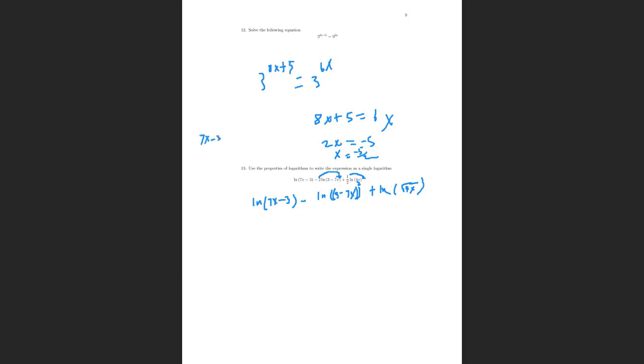So 7x minus 3, if you just factor out a negative, it will give us 3 minus 7x, and we also just have a negative on the front. So that might be a little helpful with this. So now let's just do the division part real quick. So this is also just minus 3 minus 7x. So you're going to have a big ln of minus 3 minus 7x divided by 3 minus 7x whole squared.